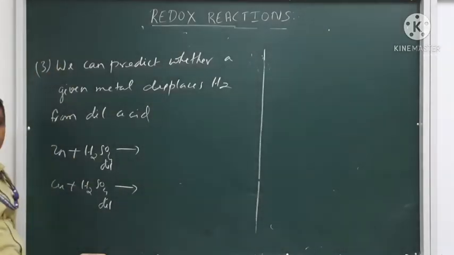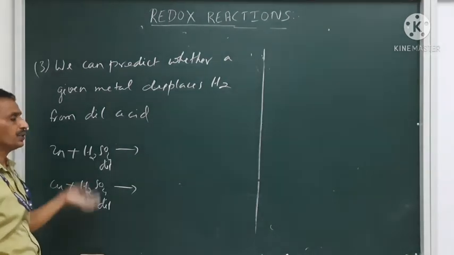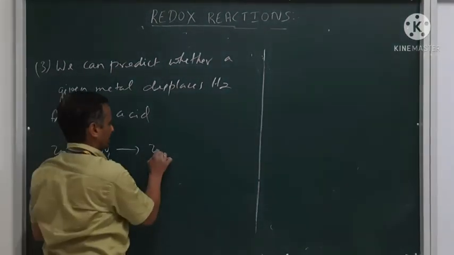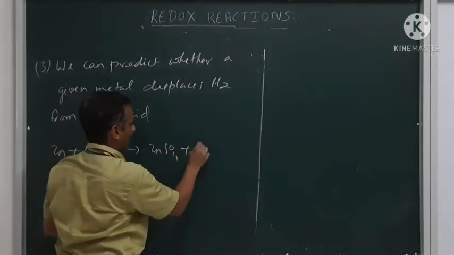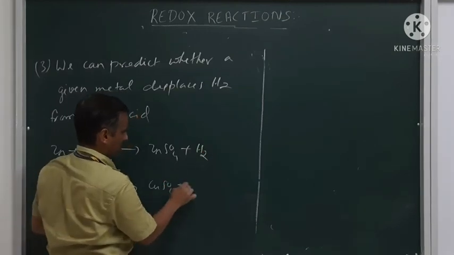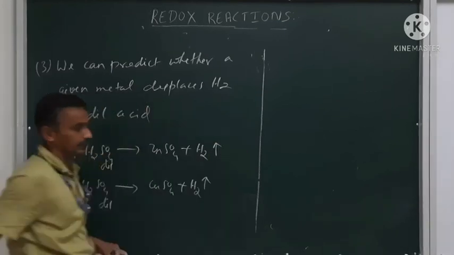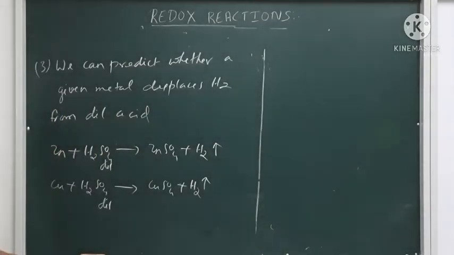Which reaction is feasible and which is not feasible, whether it is zinc sulfate plus dihydrogen, or copper sulfate plus dihydrogen, or both, can be predicted.